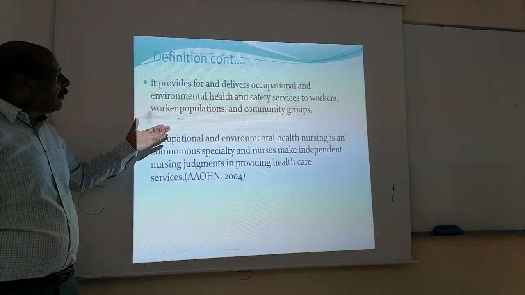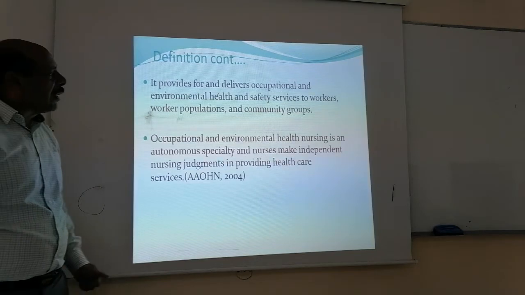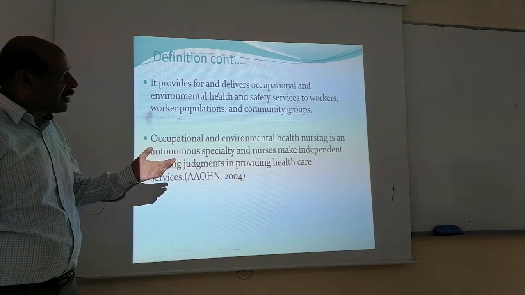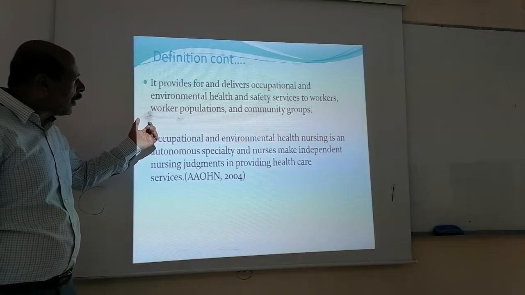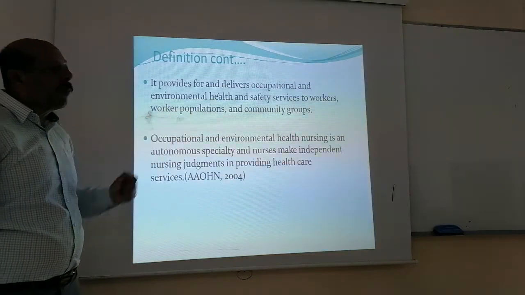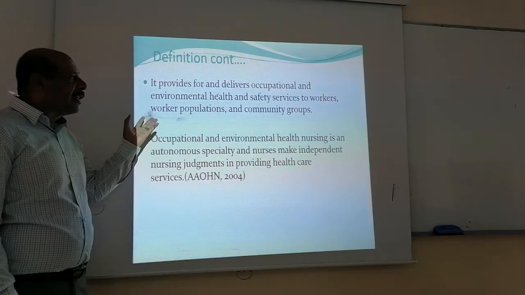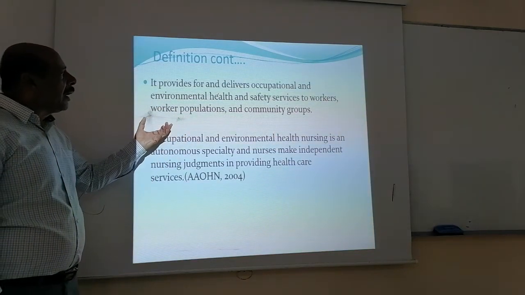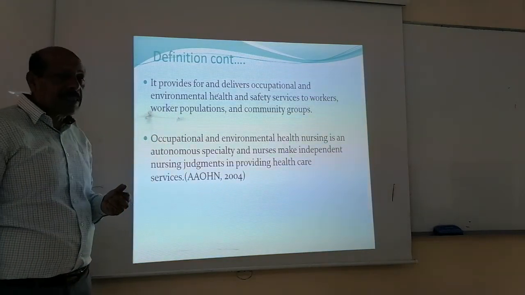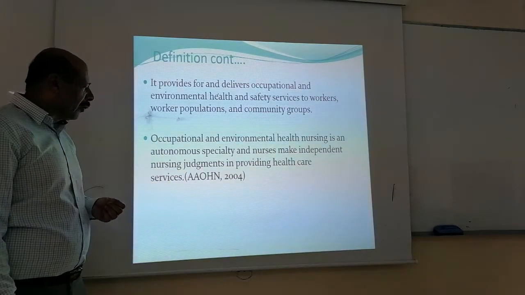Also, one of the definitions is that it provides for the delivery of occupational and environmental health and safety services to workers, worker populations, their families, and community groups. So the occupational health nurses and the environmental health nurses are providing health and safety services to the worker, to their family, and to the community group.